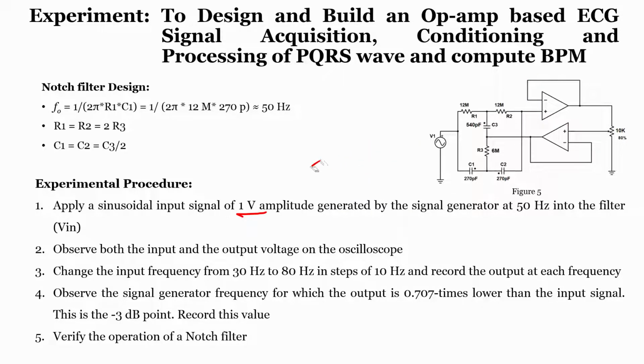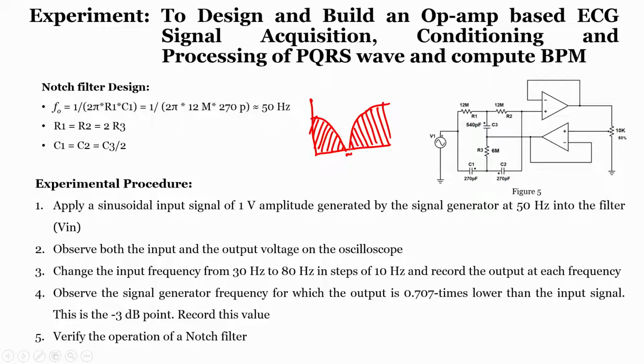Why is this called a notch filter? As we know, this is the representation of our notch filter. These particular frequencies will be completely allowed, as we have already seen in our other modules, and this frequency range is also completely allowed, but this particular frequency, which is nothing but the center frequency, or this particular band of frequencies, will not be allowed.